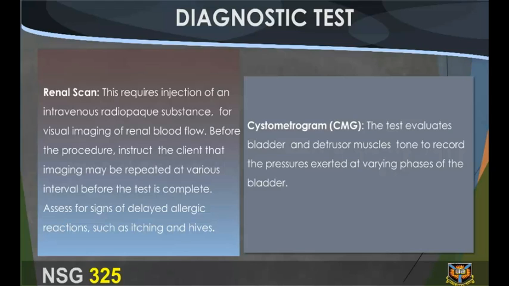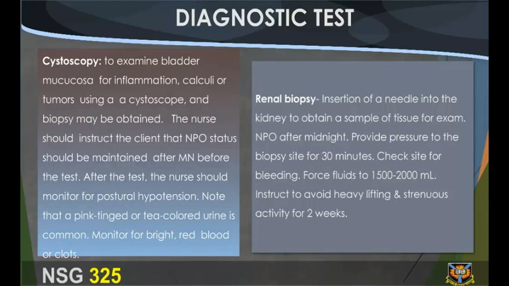Cystometrogram (CMG). The test evaluates bladder and detrusor muscle tone to record the pressures exerted at varying phases of the bladder. Cystoscopy. To examine bladder mucosa for inflammation, calculi or tumors using a cystoscope, and biopsy may be obtained.